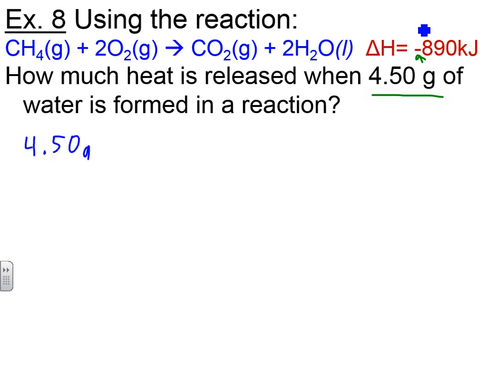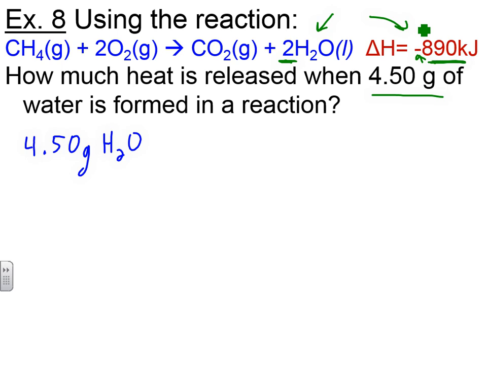Now notice what we're asked is to convert essentially from grams of water, from here, to heat, to here. So it's really a conversion from grams of water to delta H. Now we're going to go from grams of water to moles of water, and because the connection is 2 moles of water produce this much heat, then we're going to convert from moles to heat. That's the connecting unit. So this will actually be grams to moles, then moles to heat.